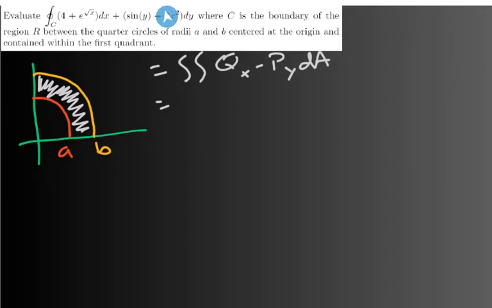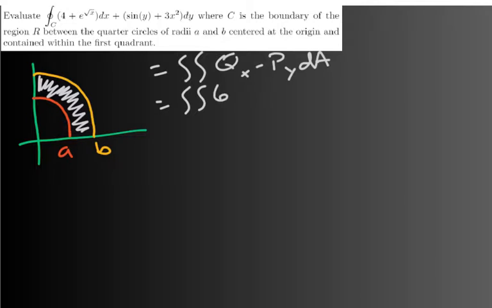The radius of the inner one is A, and the outer one is B. Green's theorem says that the line integral should be equal to the double integral of q with respect to x minus p with respect to y, dA. Here q is this whole thing, and if you take the derivative with respect to x, this goes away and you get 6x.